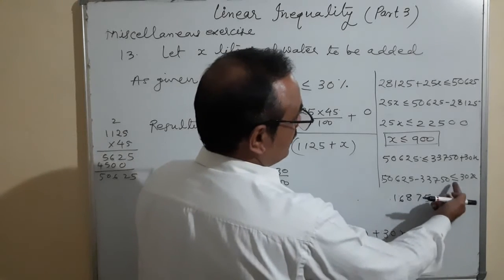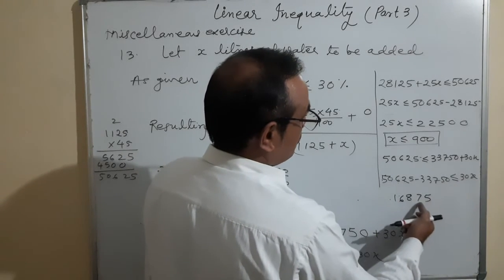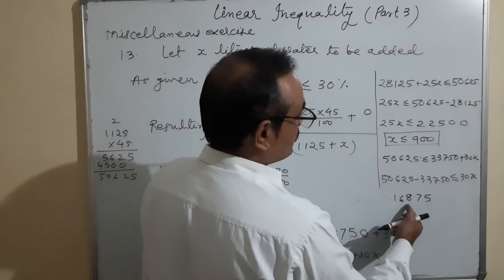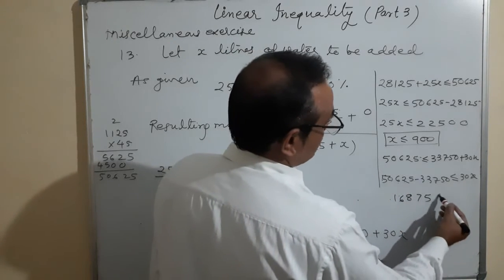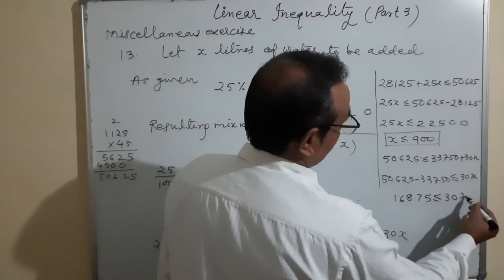Okay, so now 5, 7 plus 5, 12, 8, 7, 15, 1, 16, 6, 3, 9, 1, 10, 3, 4, and 5 is less or equal to 30x.